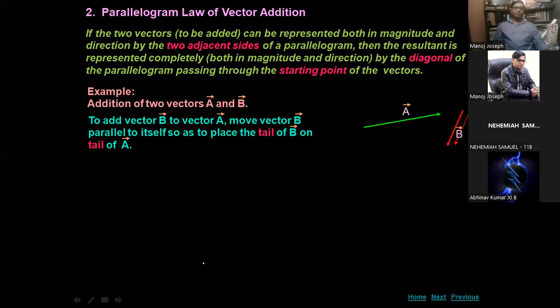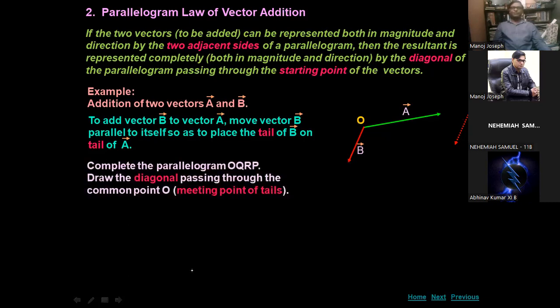I will explain in the class that these types of vectors are called co-initial vectors. Vectors having a common initial point are called co-initial vectors.